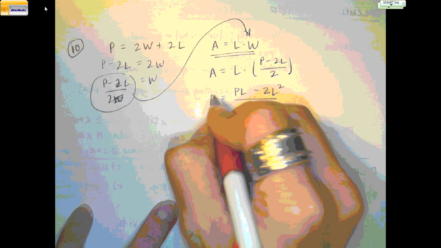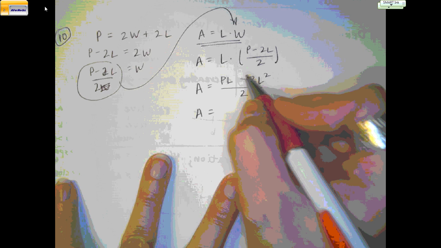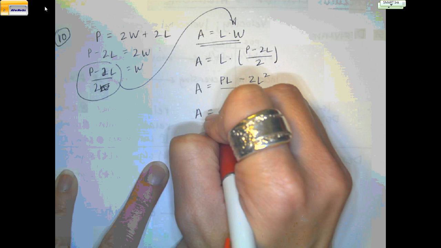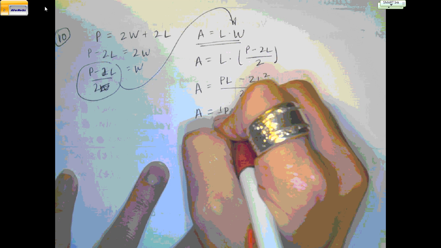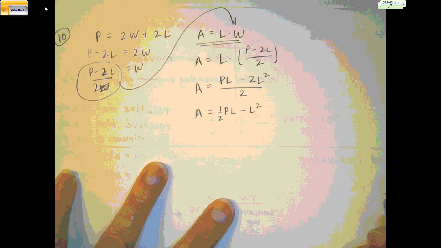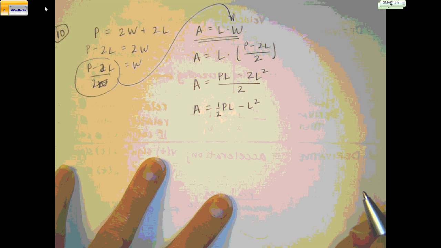Now to make the derivative easier, I'm going to separate this into two terms so that I have 1/2 P times L, or P over 2 times L, same thing, minus L squared, because the 2's cancel. Now that's something that's pretty easy to derive.